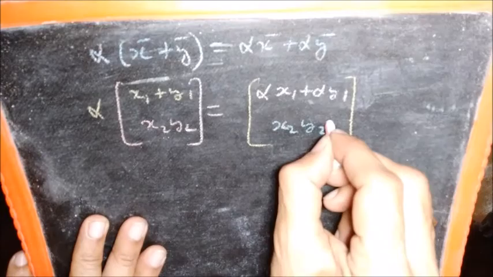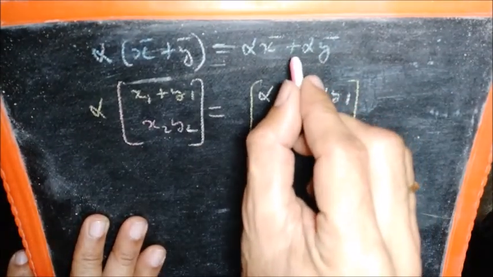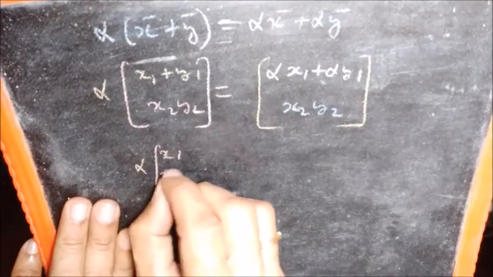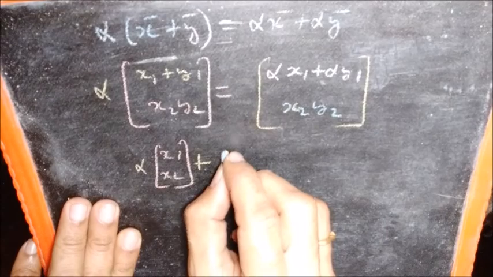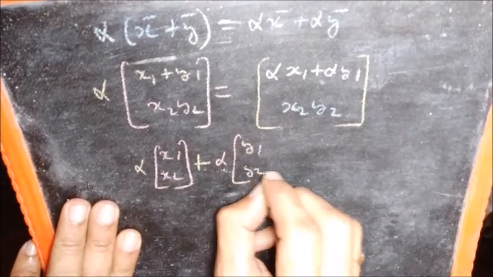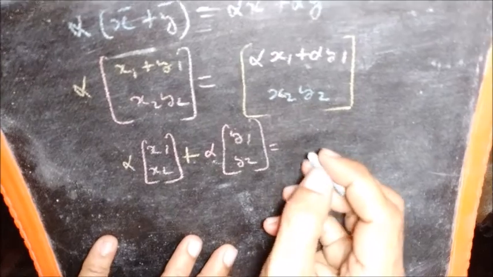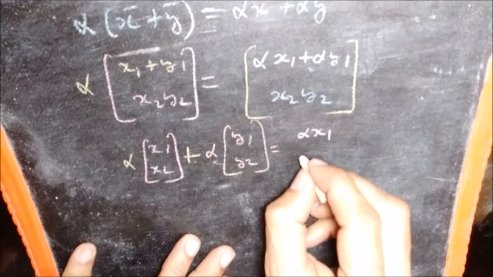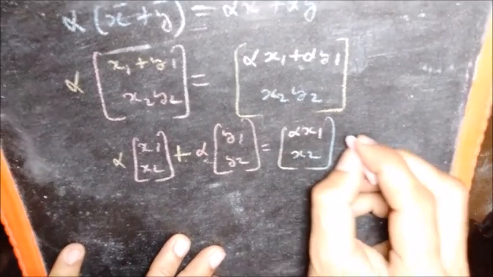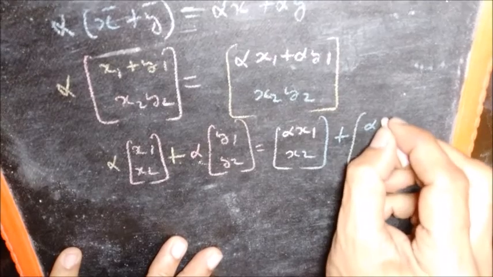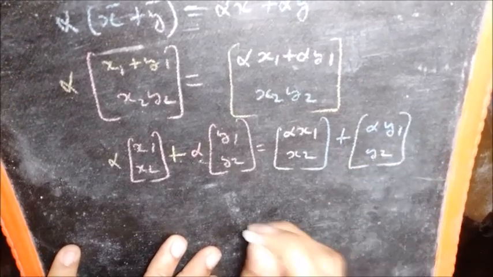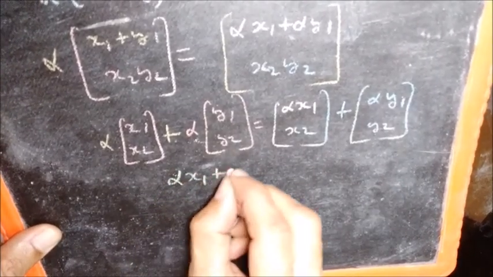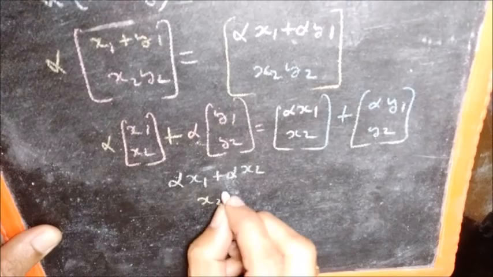So this is what we get for the left hand side. Now we concentrate on the right hand side. So the right hand side gives alpha into x plus alpha into y is equal to, again the way we have defined scalar multiplication, alpha x1 x2 plus alpha y1 y2, and the way we have defined vector addition, we will end up getting alpha x1 plus alpha x2 x2 y2.